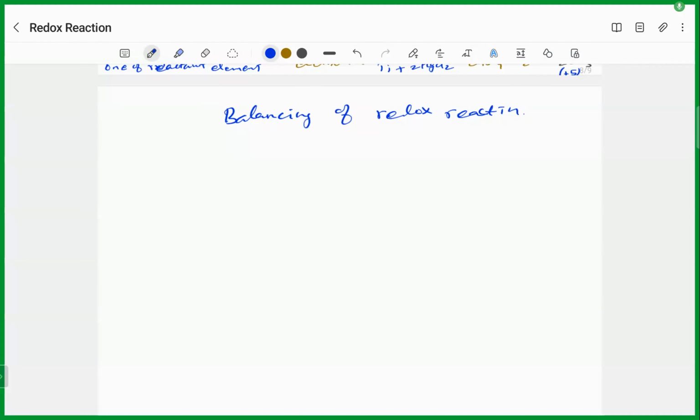Yeah, the 0 becomes -3. So gain of electron is reduction, loss of electron is oxidation.